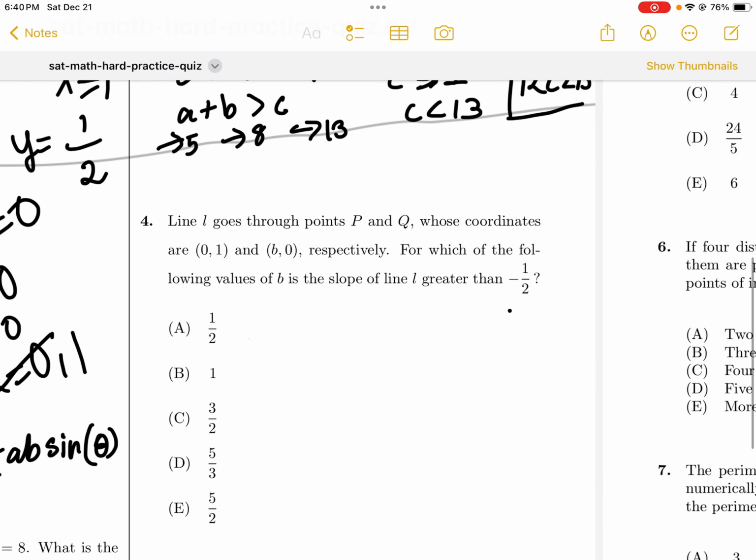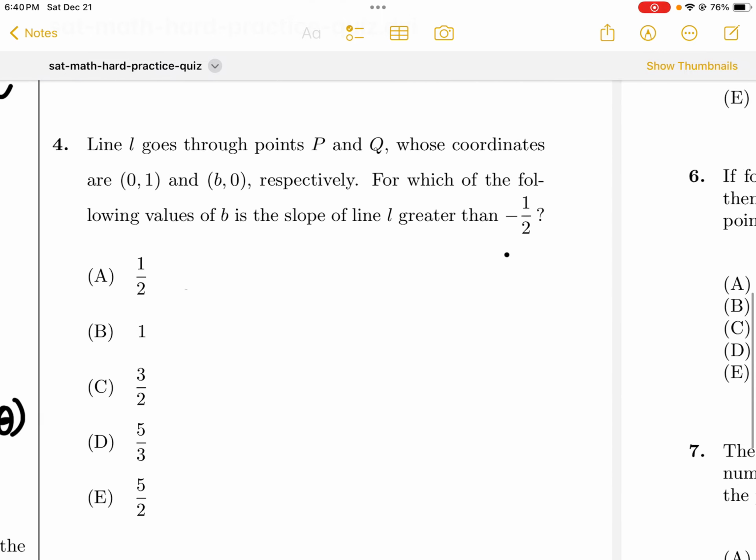Alright, let's move on to the next problem. Line L goes through points P and Q whose coordinates are (0, 1) and (B, 0), respectively. For which of the following values of B is the slope of the line L greater than a half? Now, let me take my 2 points (0, 1) and (B, 0) here. Right? I'm going to take (B, 0) as x1, y1.